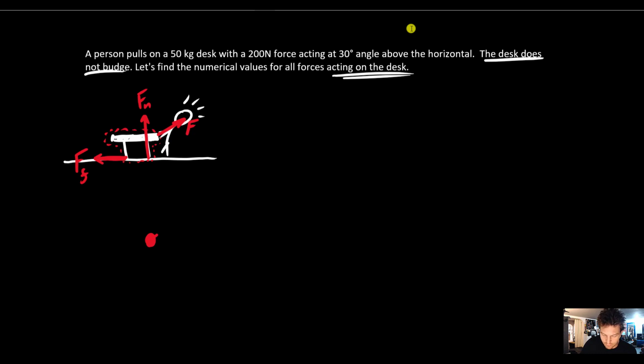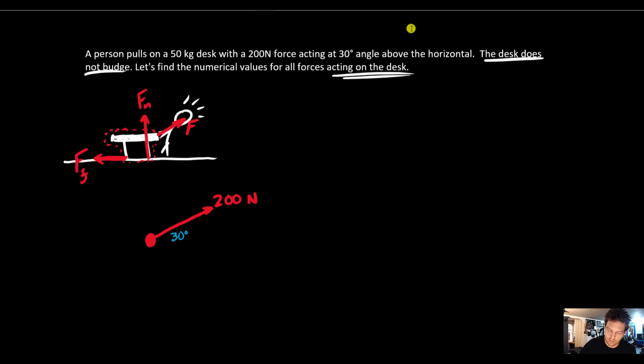So when I go to draw this free body diagram, I have that 200 Newton force, we'll just call it force F. Actually, we can put our value in there. I'm going to draw it just a little more accurate. That is 200 newtons, and that is at an angle that is 30 degrees with the ground.